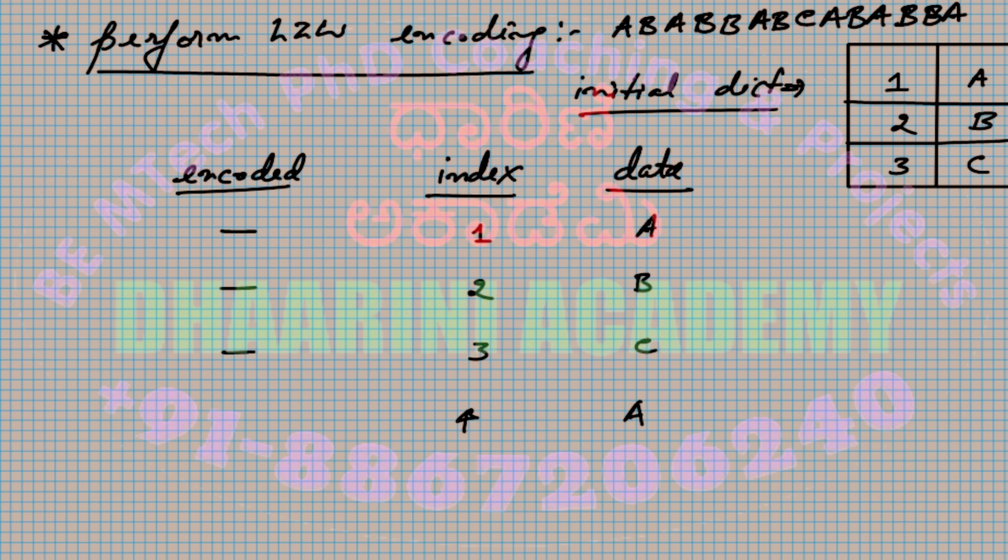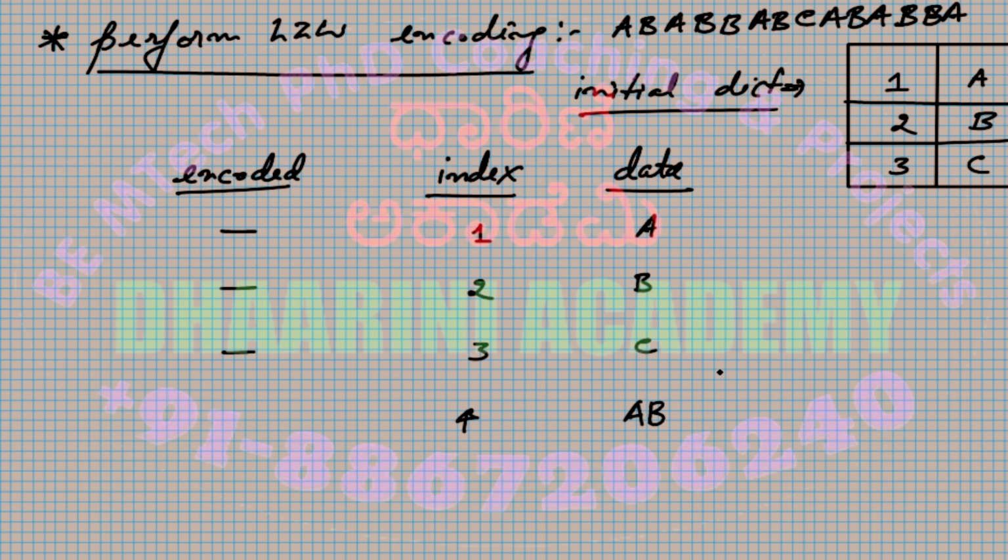So A already exists. I don't write A, I go to the next one. So that is AB. A is not the value I'm going to consider as data; AB is the data I'm going to consider.